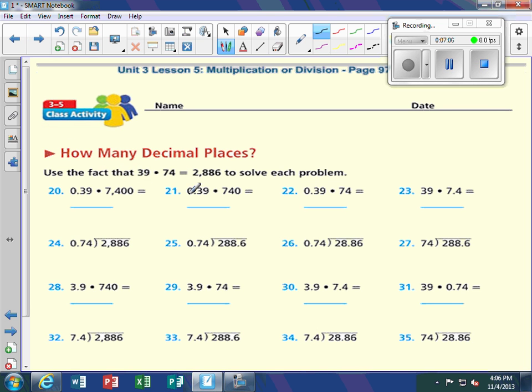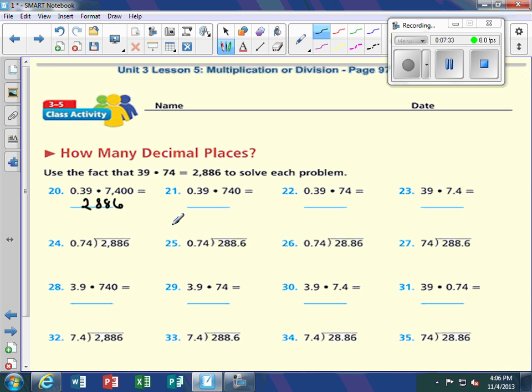All right, so we did one of these in class the other day. How many decimal places? Use the fact that 39 times 74 is 2,886 to solve each problem. So, again, you're multiplying 7,400 times a number that is less than a whole. You know your answer is going to have a 2, an 8, an 8, and a 6 in it.